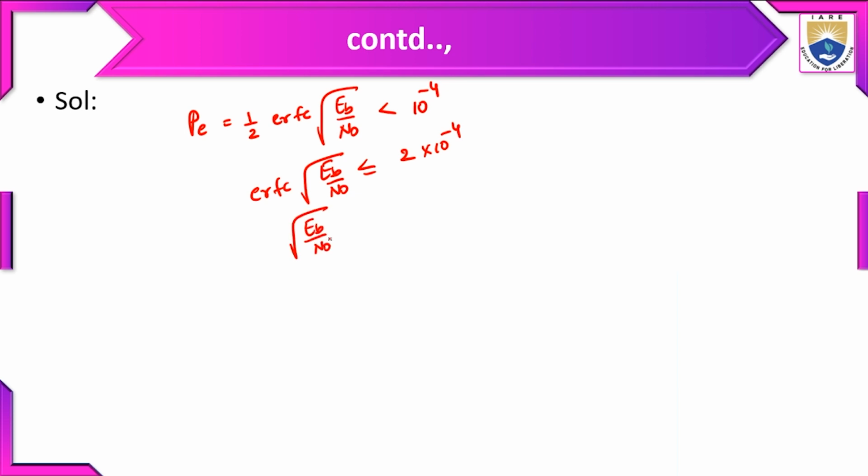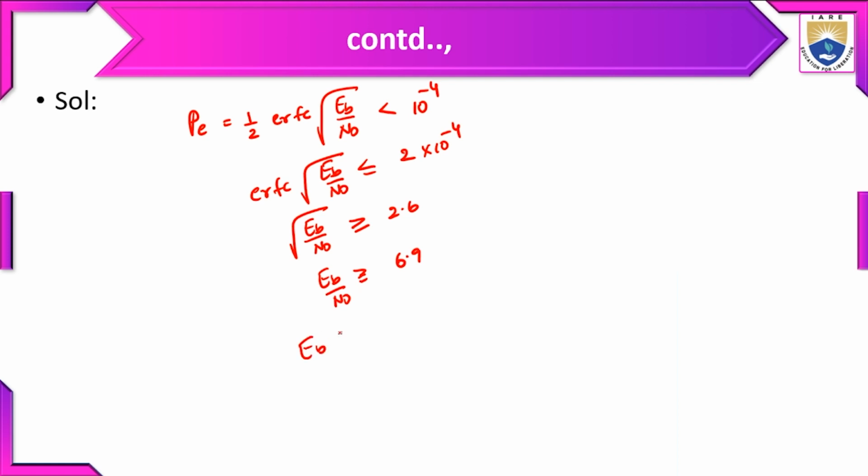So square root of EB by N0 greater than or equal to 2.6. And again you can remove this square root also. Then EB by N0 is greater than or equal to 6.9.